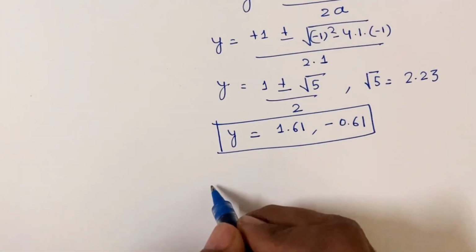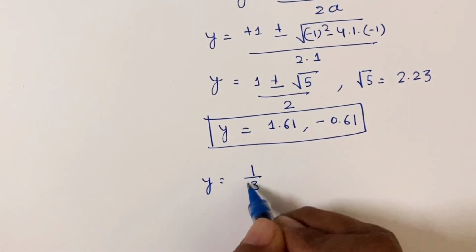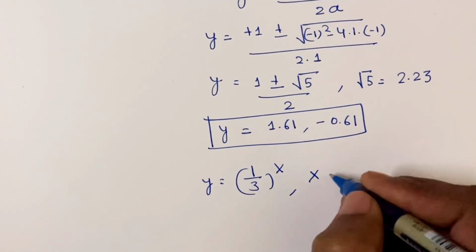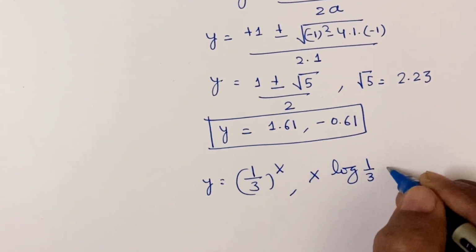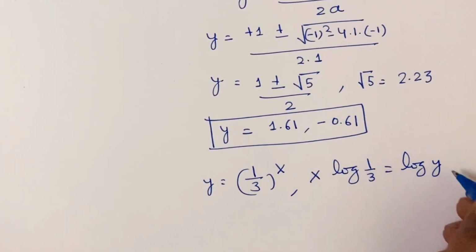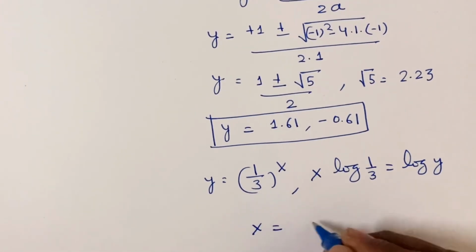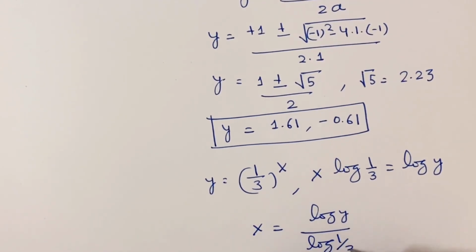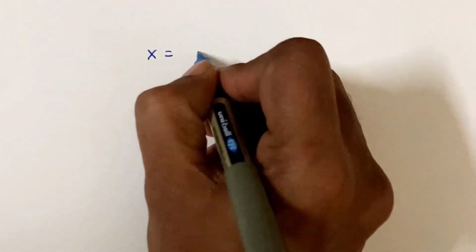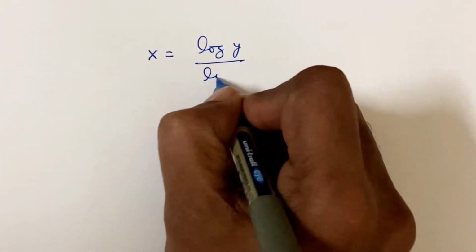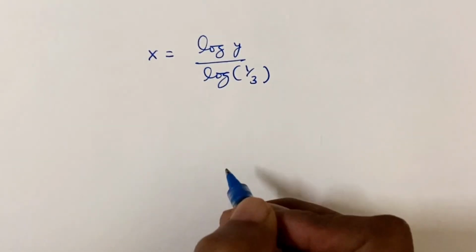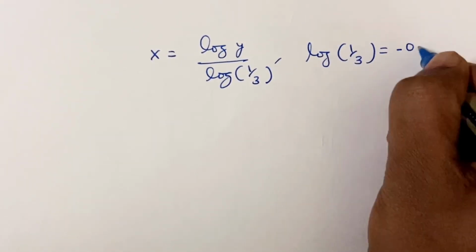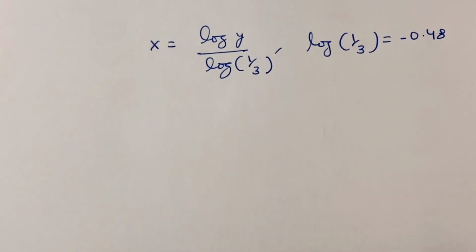As we earlier assumed that y equals 1 by 3 power x, now taking log on both sides, so it will be x log 1/3 equals log y, or x is equal to log y divided by log 1 divided by 3, and log 1 divided by 3 is equal to minus 0.48.